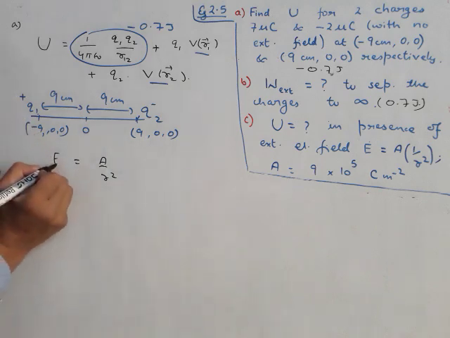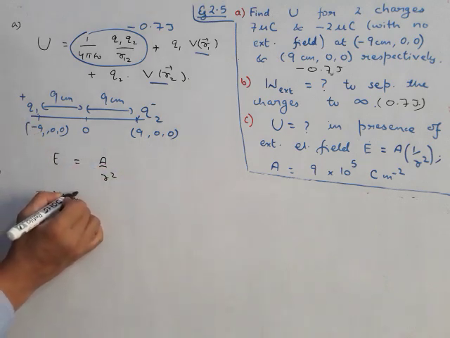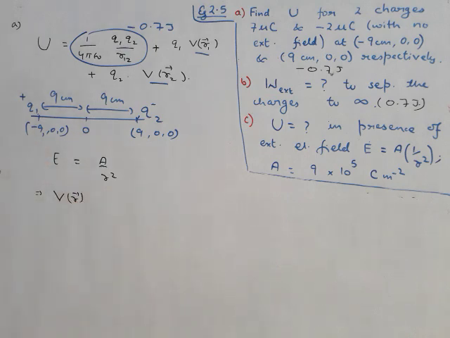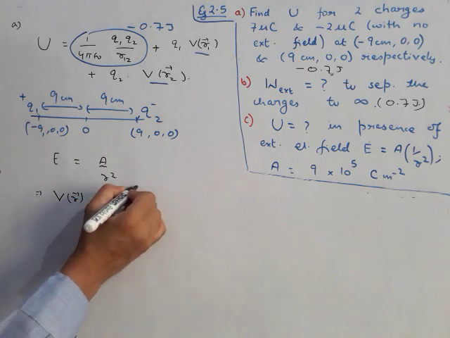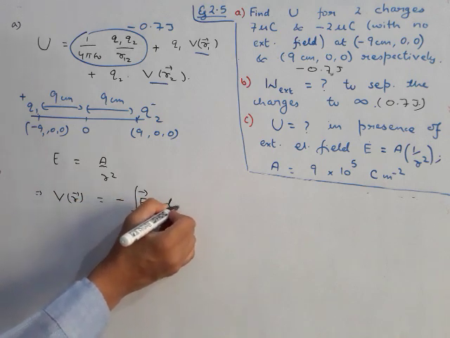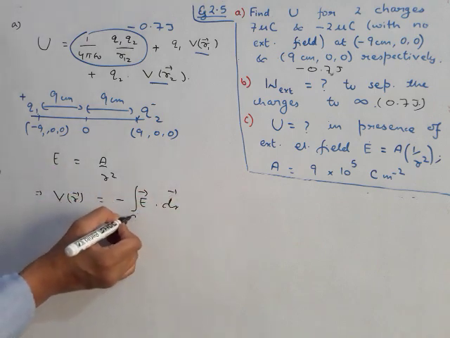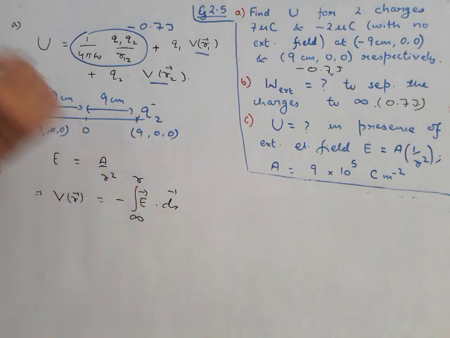If you know the electric field, can you find the potential at a point? We have already discussed the relationship between electric field and potential. So potential at a point we have defined as the negative integral of E dot dr from the initial to the final point. Here we take the reference point as infinity and the final point as R. Please check your notes which we have done earlier.